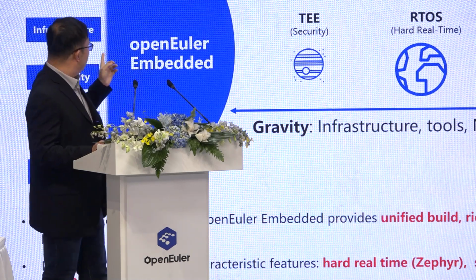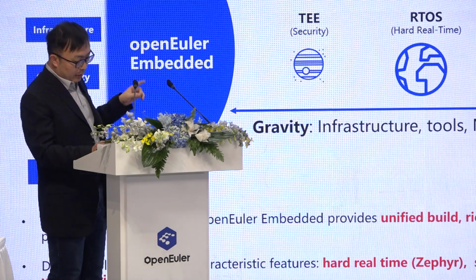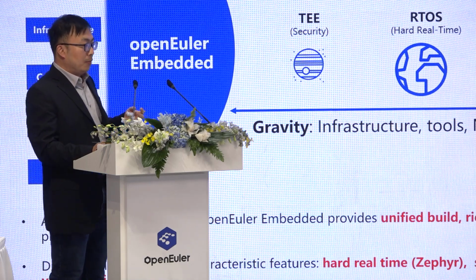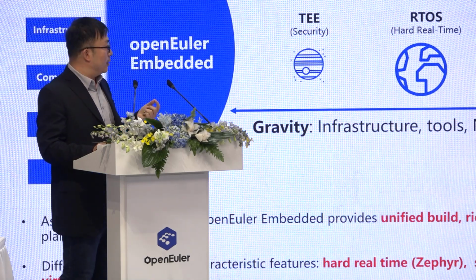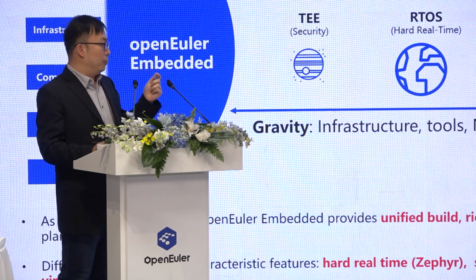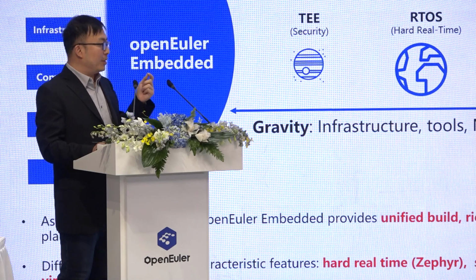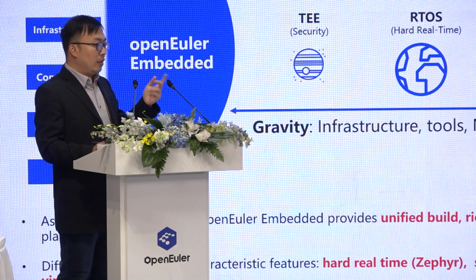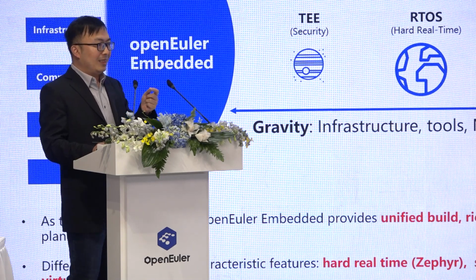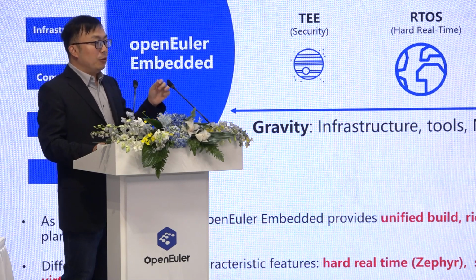So you can see in this architecture, openEuler embedded is just like a solar system, and the sun is Linux, which provides most of the functions. But we also have non-Linux systems, non-Linux plugins. If you want hard real-time, you can have a real-time operating system. If you want good security, I think you need something like TEE, TF-M, and TrustZone, right? If you want extreme performance, you don't want anything in between, you just want bare metal, right?